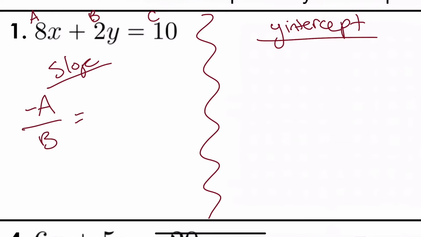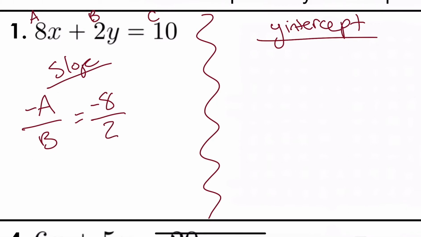Okay, so our A is going to be 8, so that's what I'm going to put right here. And it's going to be opposite 8, so that tells me it's going to be negative. And then we want our B. B is 2, so that's what I'm going to put right here. 2.